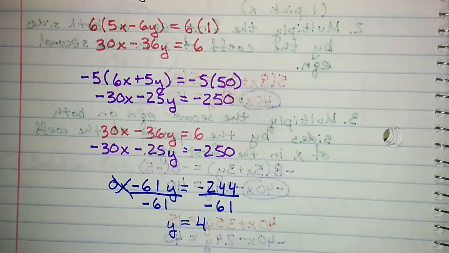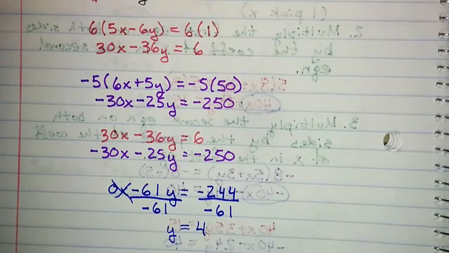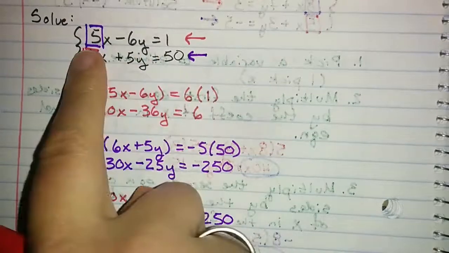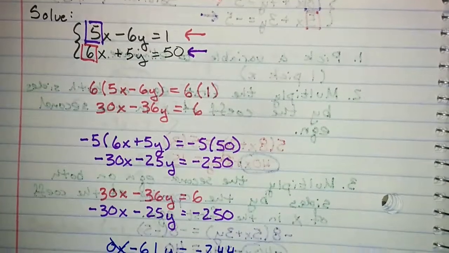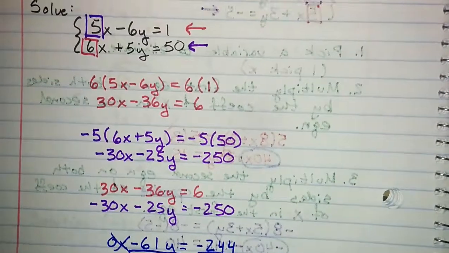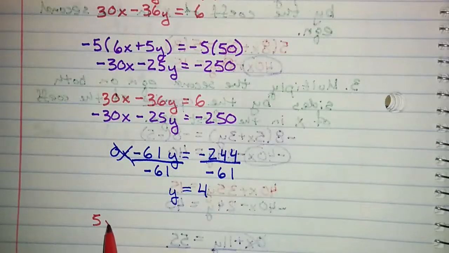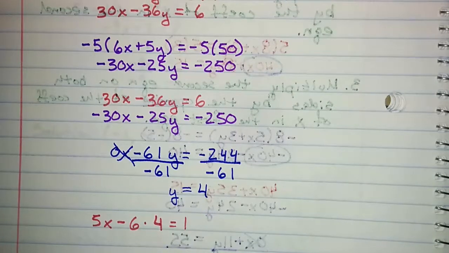Now we can choose whichever of the original equations we liked. I'm going to choose the first equation to find x. We'll get 5x minus 6 times y equals 4 equals 1. 5x minus 24 equals 1.